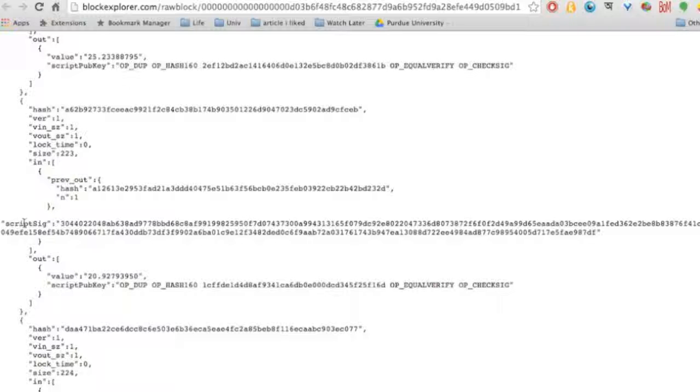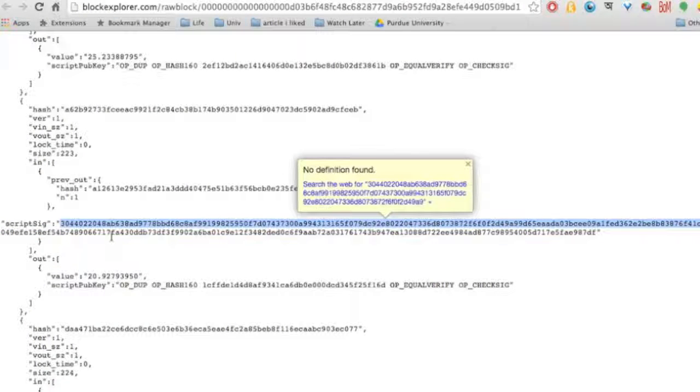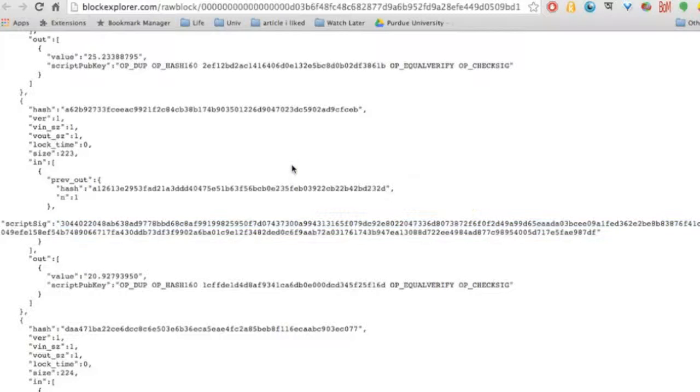That is what this script signature is required for. Bitcoin uses a non-Turing complete script programming language, and we'll describe that later. So this is the script signature.